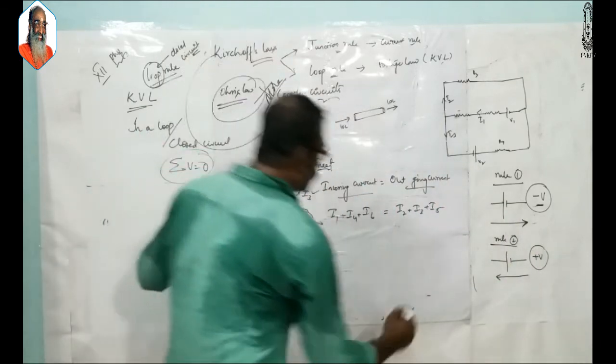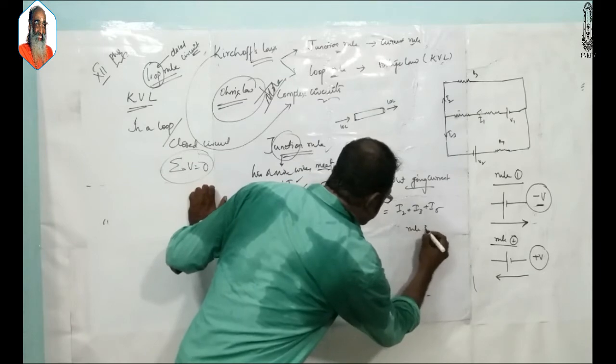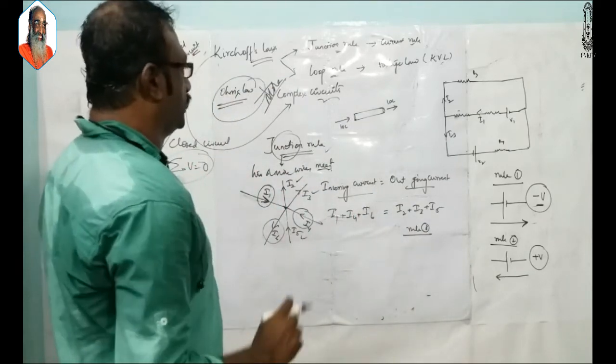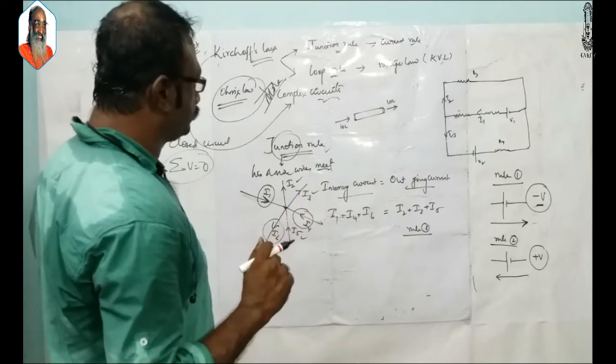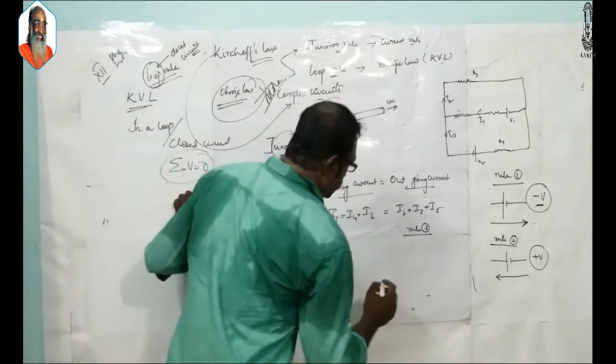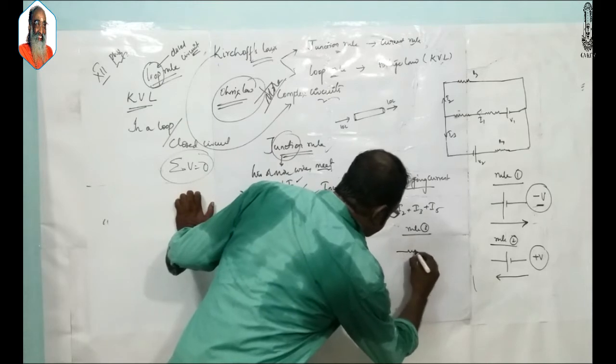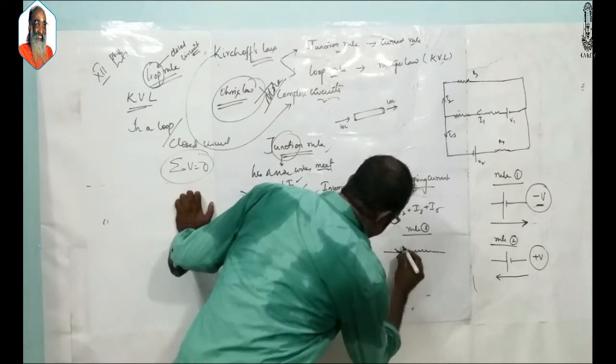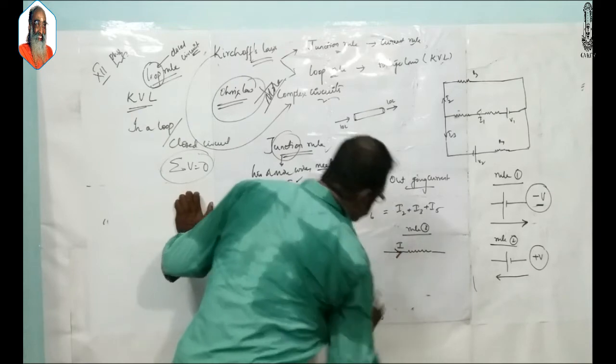In this rule 3, here the resistance is there. In the circuit, the current will be going in this direction. And here also you consider a direction.